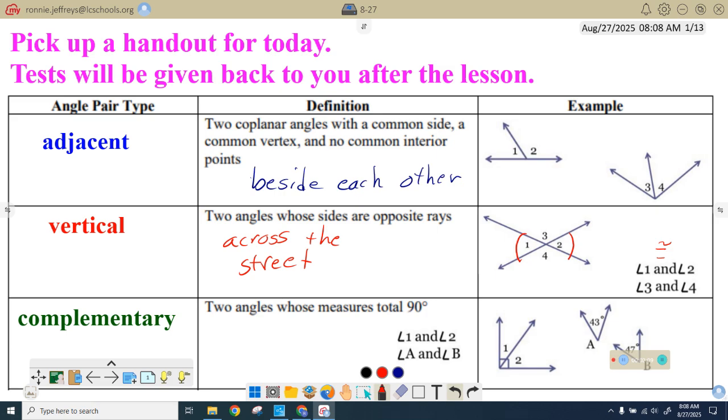Vertical angles are congruent. That means angle 3 and angle 4 are also congruent. The reason we're using the double arc is to separate the pairs.